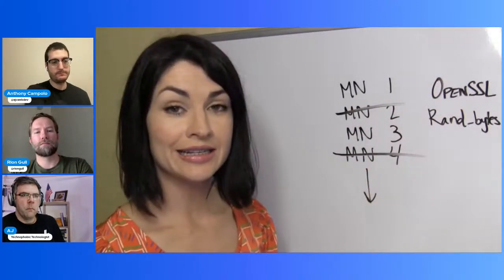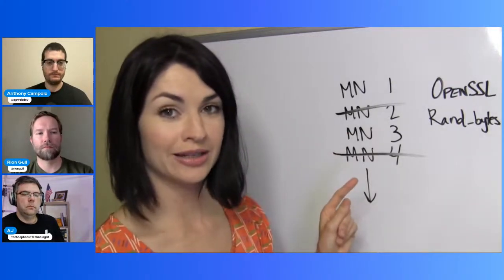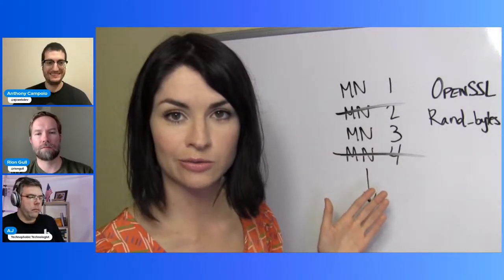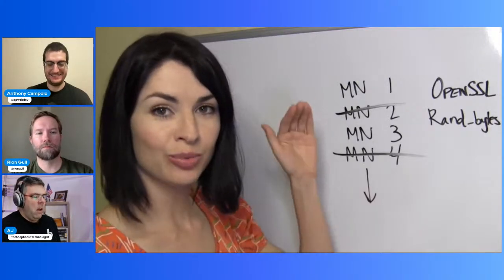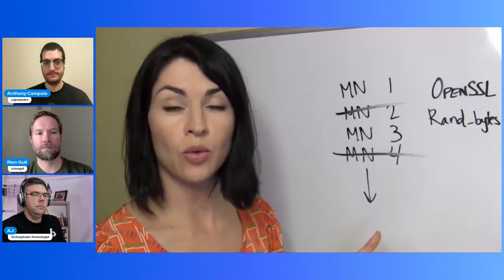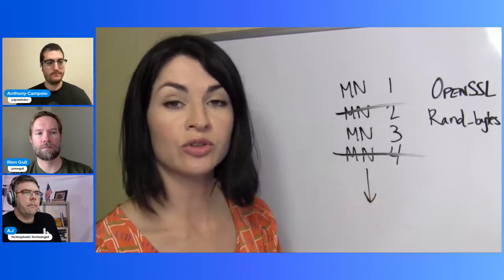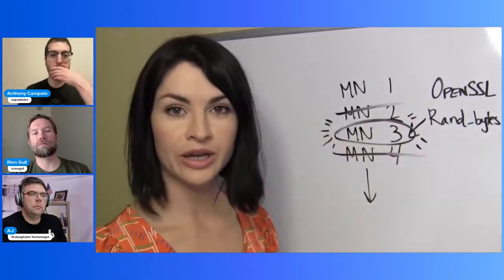Your wallet contains a randomness generator called OpenSSL RandBytes. Don't ask me what that is, I just work here. And it uses that utility to pick from among the remaining masternodes to select one randomly, which you will then submit a mixing request to. There we go.